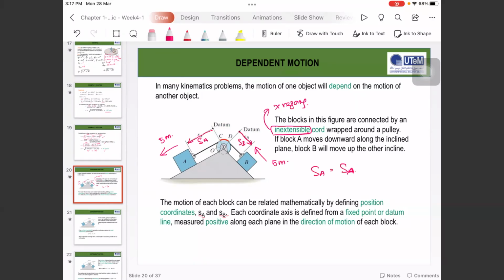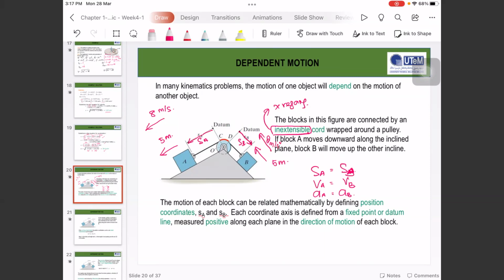Ikut logik yang sama, VA equals to VB. Kalau here 5 meter and then katakan dia move dengan 8 meter per second, yang ni pun sama, akan bergerak ke atas banyak 8 meter per second.